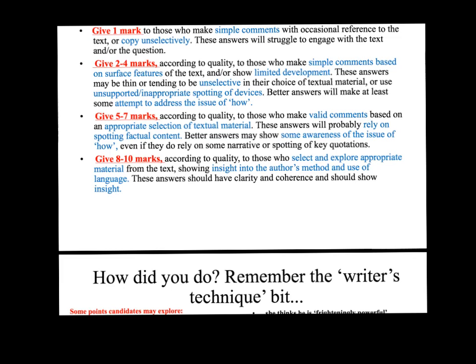Moving into the final band, the marks 8 to 10, which is the A and A star, you select and explore appropriate material from the text. You show insight into the author's method and use of language. For that A star, answers should have clarity and coherence and will show insight.